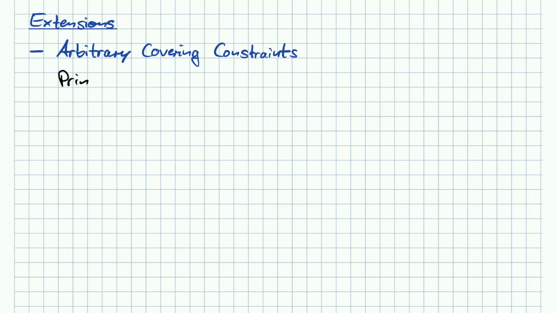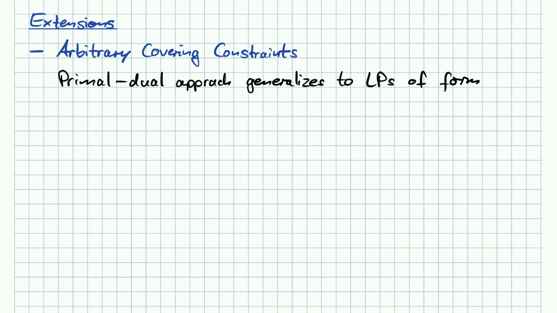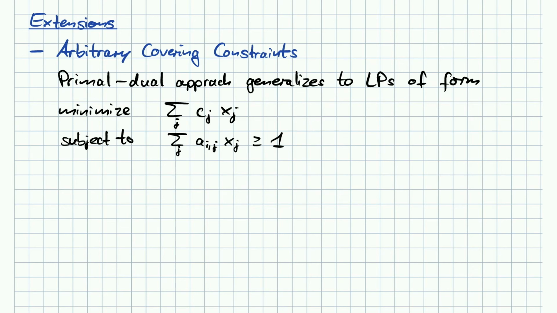So our primal dual approach generalizes to LPs of the form: minimize the sum of all c_j times x_j subject to the sum of all a_ij times x_j being at least 1 for all i, and these x_j should be non-negative.